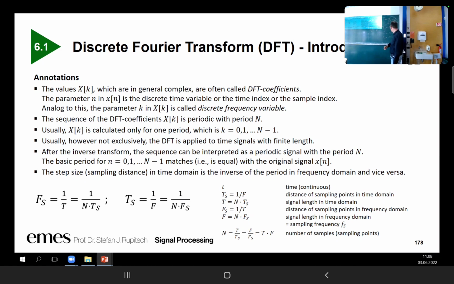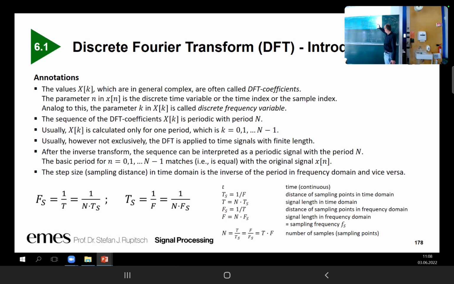In the time domain, we have the time, and this is the time signal. We would have here our sampling points in the time signal. And this is the difference between two sampling points, our TS, and the final value, the considered time window, is T.